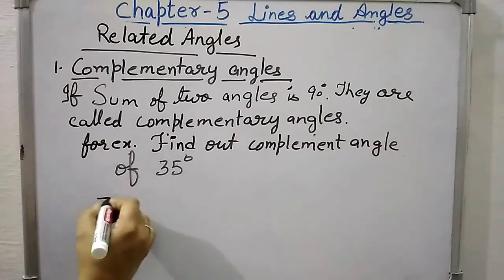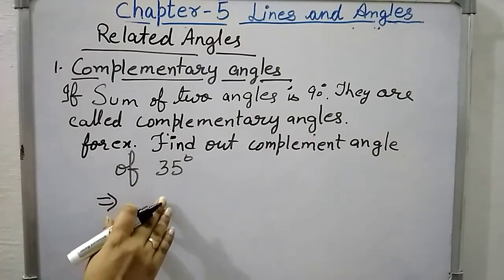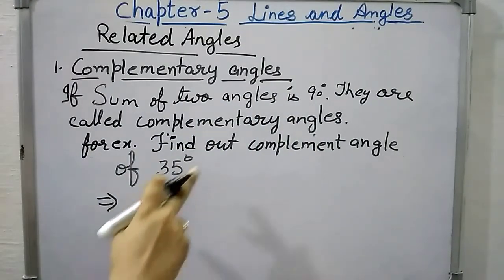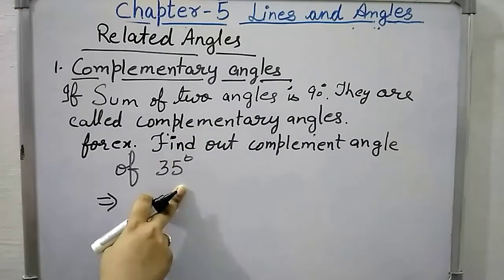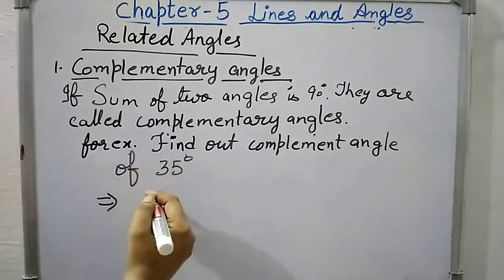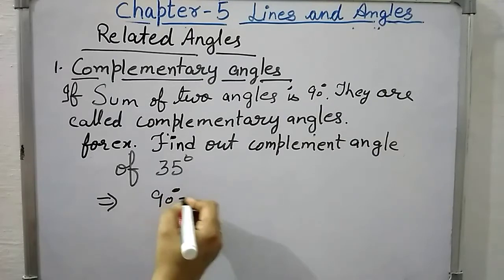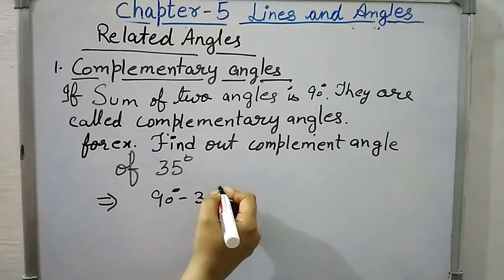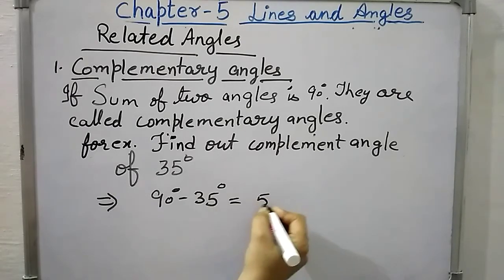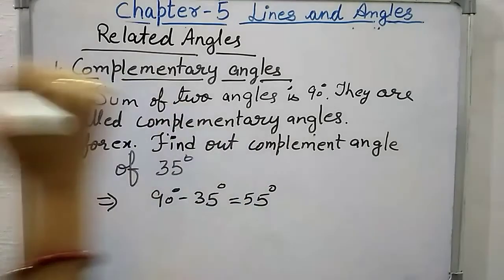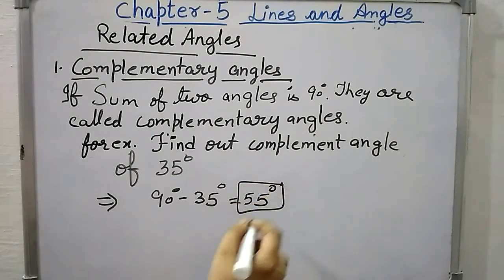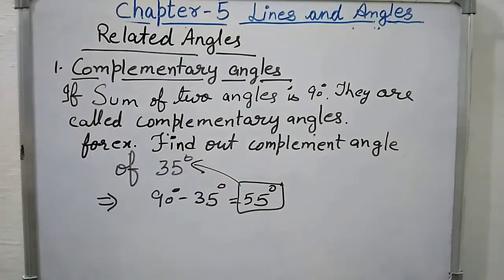In that case, we know the sum of two angles is 90 degree, then they are said to be complementary angles. So to find out complement angle of 35 degree, we will just subtract 35 degree from 90 degree. This gives us a value of 55 degree, and this is complement angle of 35 degree.